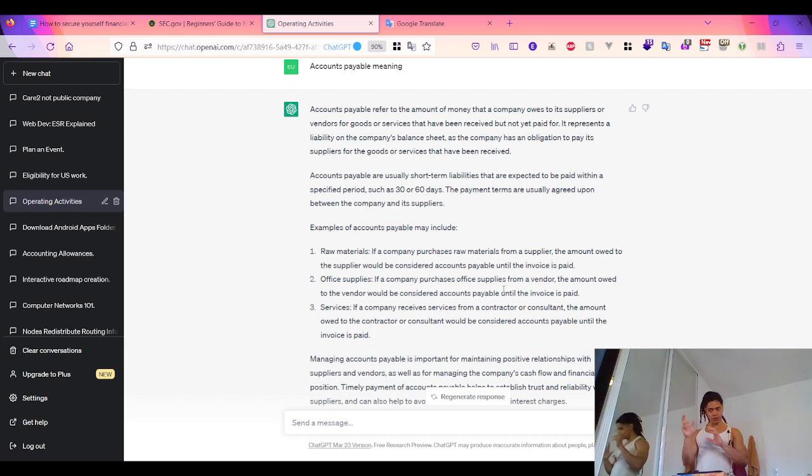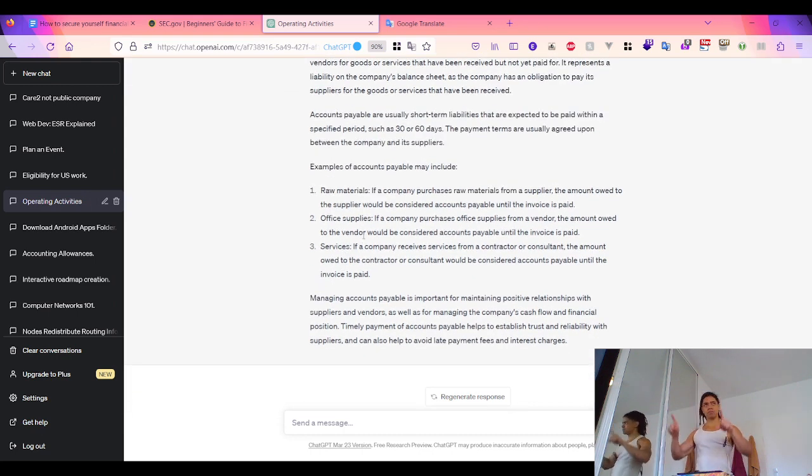So the amount owed to the vendor, well, it represents an accounts payable until the invoice is paid. The same for a service. So if a company receives a service from a contractor or consultant, the amount owed to the contractor or consultant will be considered accounts payable until the invoice is paid.